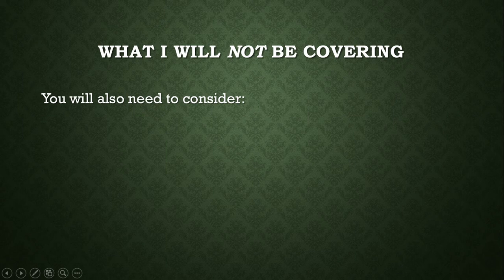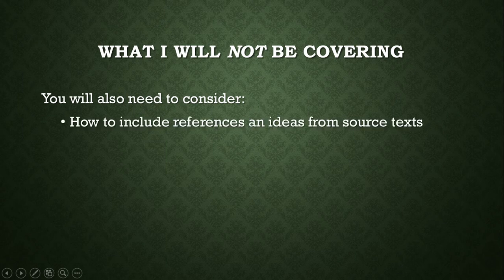What I will not be covering, but these are the things that students participating in this task will still need to consider. They are how to include references and ideas from source texts. This is particularly relevant to creating and presenting, where you'll be assigned one particular source text, and then you can use other extraneous ideas from that as well.